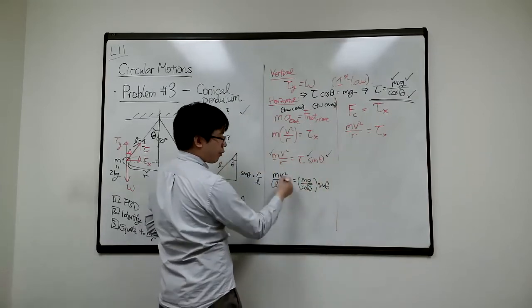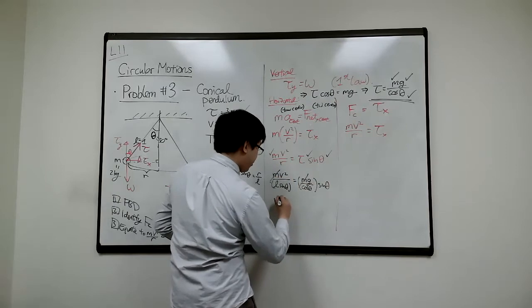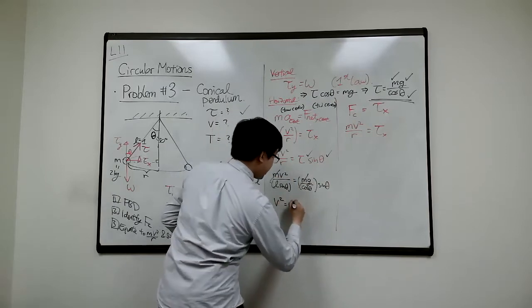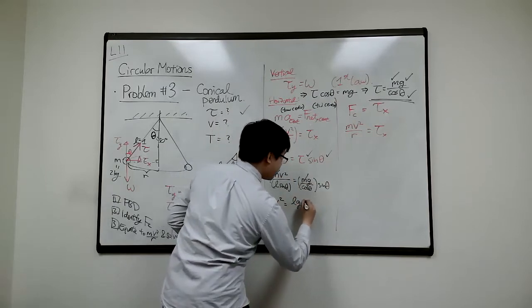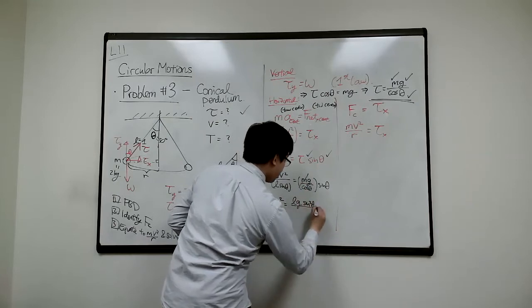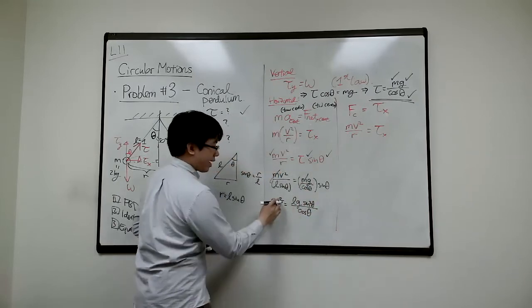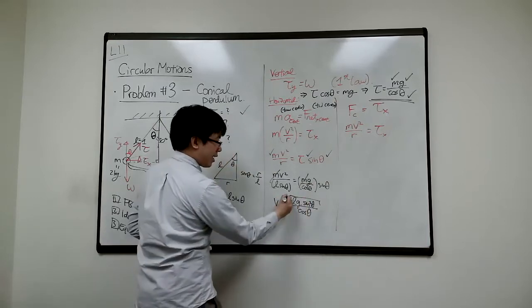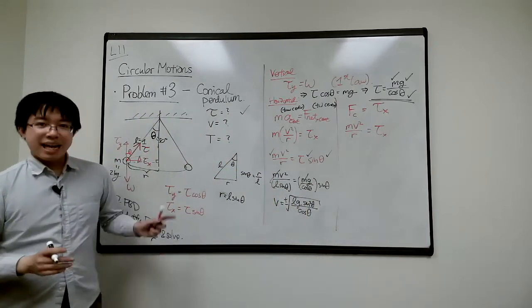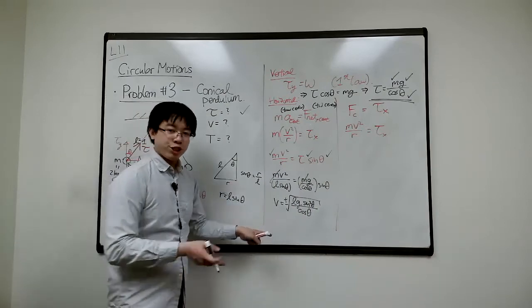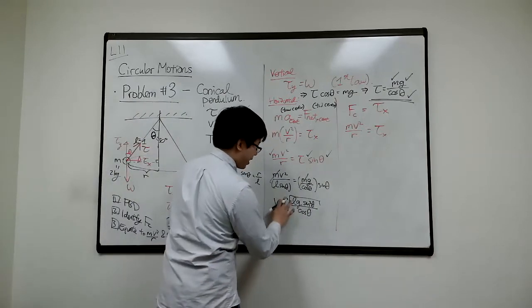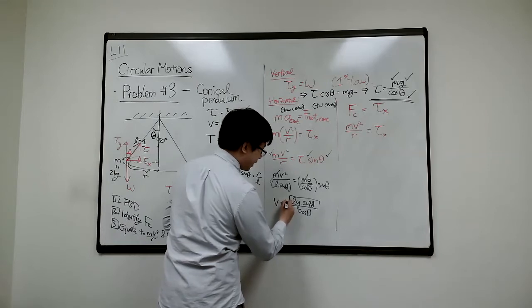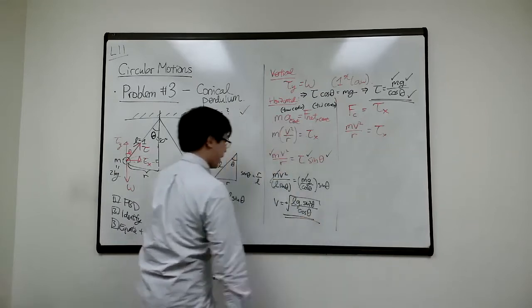Right, now we can solve for v, and we can find v squared is Lg sine squared theta over cosine theta. And we can take the square root, and every time you take a square root, there's a plus and minus until you convince yourself that one of the solutions is not relevant, and the negative is not relevant because this is a speed. So you can just have that.